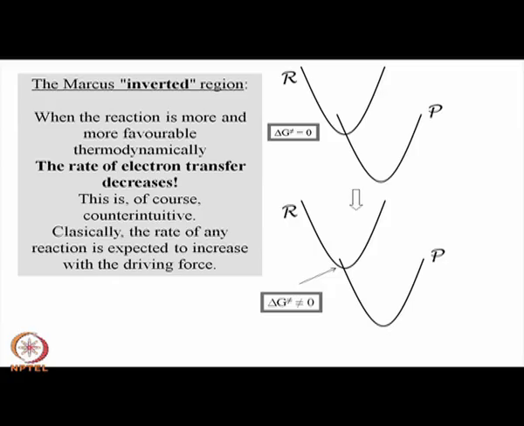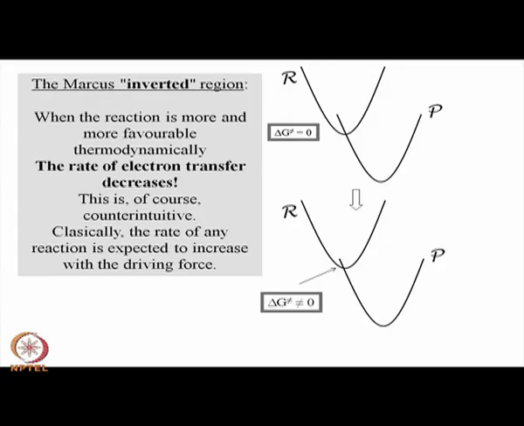So, classically it is not possible to understand why electron transfer rate should decrease after a certain point, even if the electron transfer is thermodynamically, classically more favorable.